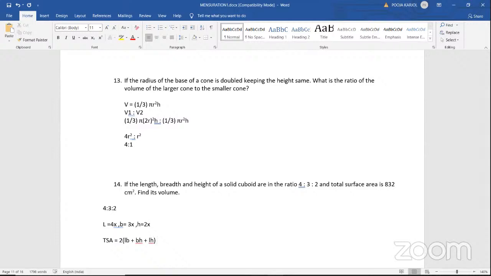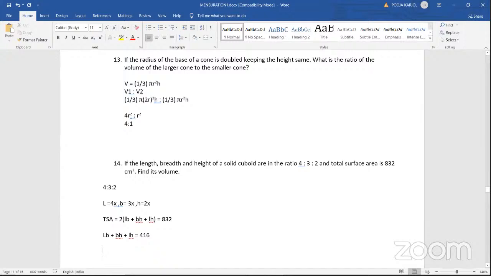Top and bottom surfaces L into B and L into B. Side surfaces L into H and L into H, and front and back surfaces B into H and B into H. Three different surfaces, twice, is equal to 832. So LB plus BH plus LH is equal to, I'll cancel 2 and 832, 416.